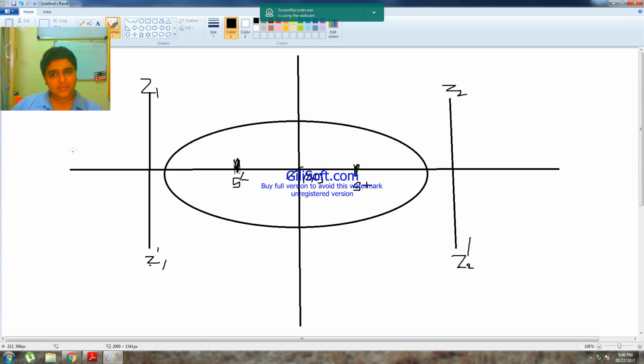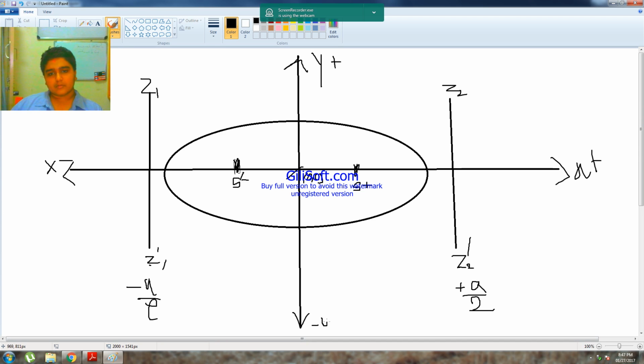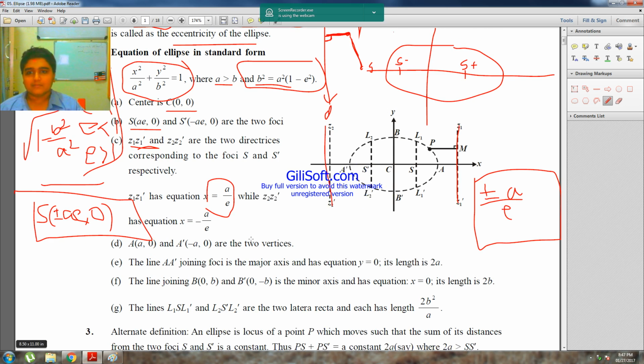Because over here this would be minus a upon e, and this would be plus a upon e. Since this would be your positive x-axis, right? And this is your negative x-axis, your positive y-axis and your negative y-axis. So that is the reason why we got two directrices and two foci, that is the basic reason for that.